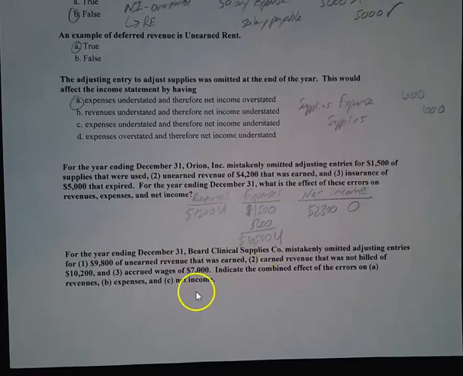Looking at our last question here, it says for the year ending December 31, Beard Clinical Supplies mistakenly omitted adjusting entries for 1, $9,800 of unearned revenue that was earned. 2, earned revenue that was not billed of $10,200, and 3, accrued wages of $7,000. And they want you to do the exact same thing.